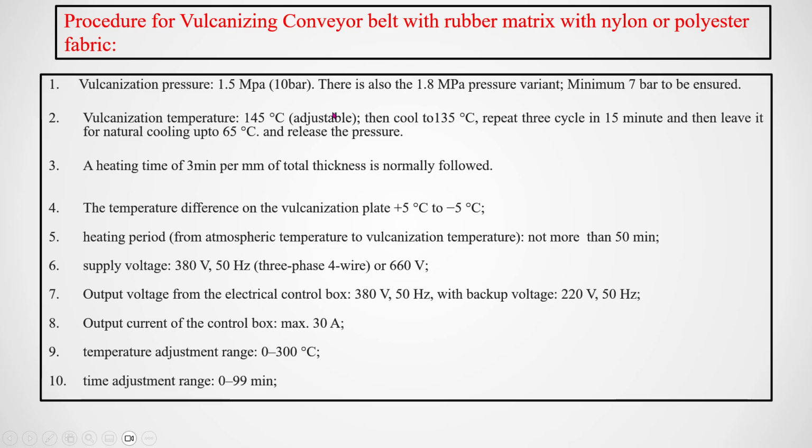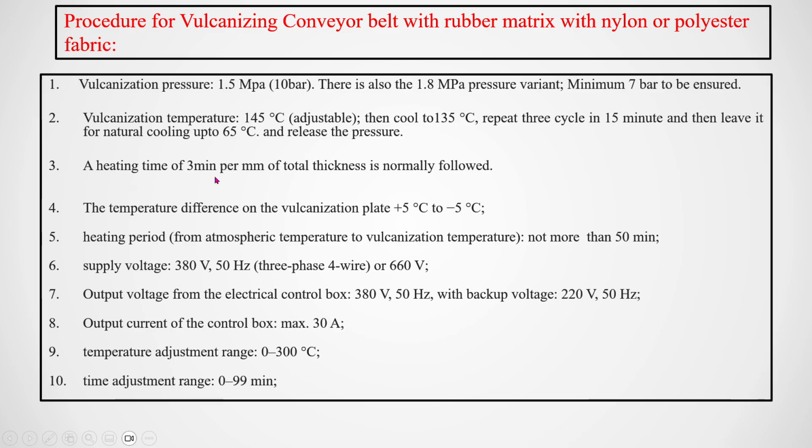Then the vulcanizing temperature is 145 degrees centigrade, and then cool to 135. Repeat the cycle three times in 15 minutes: again raise to 145, cool down to 135. Then leave it and do normal cooling up to 65 degrees centigrade, and then you can release the pressure.